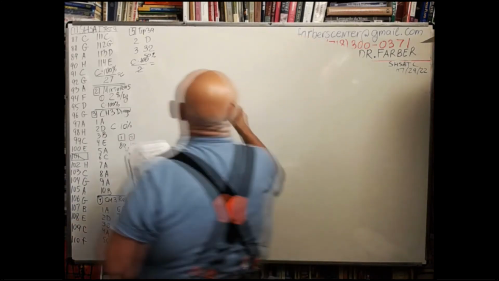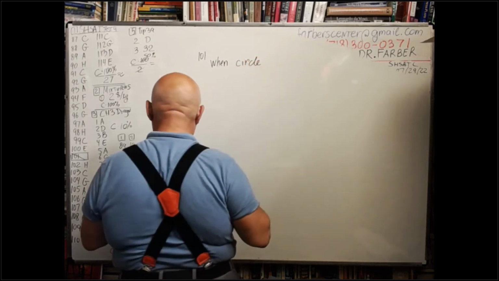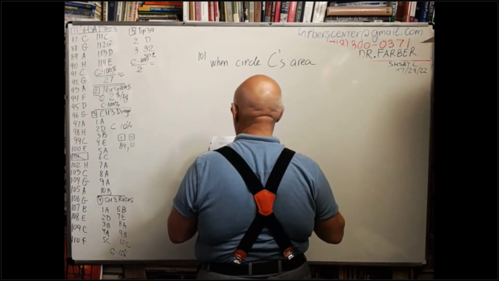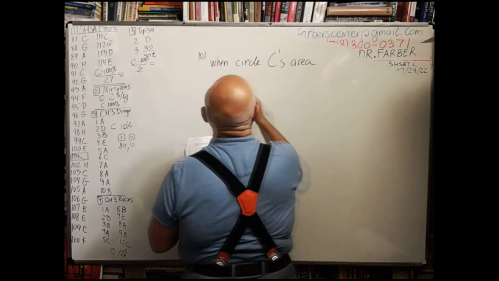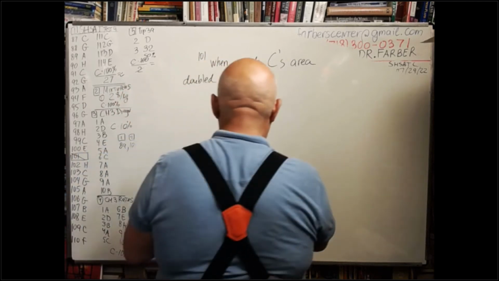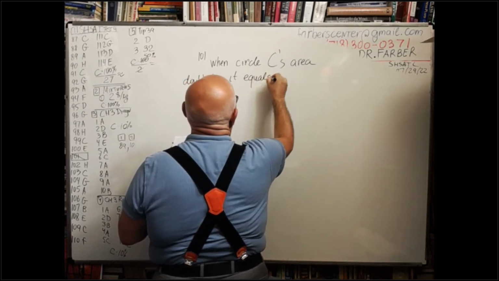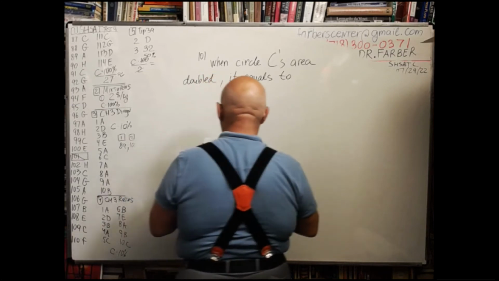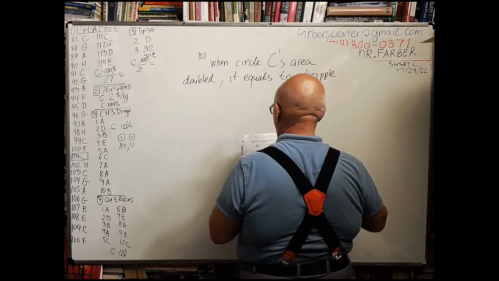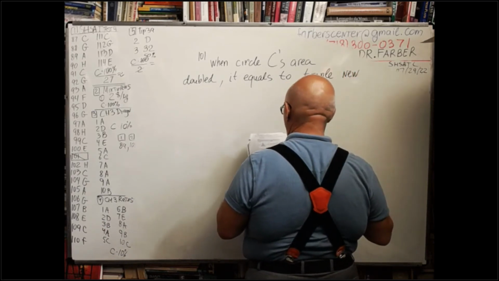Write it down: when circle's area doubles, it equals to triple new circumference.